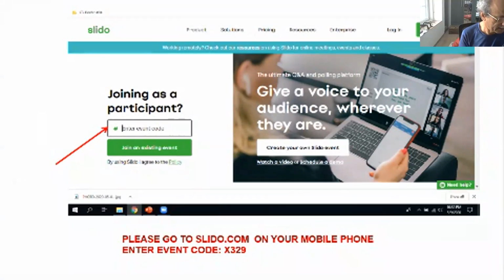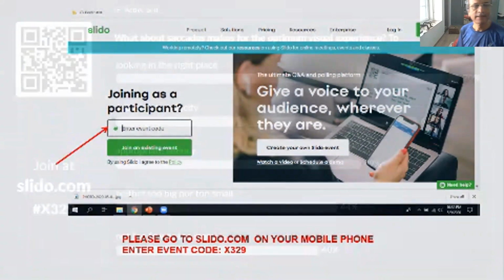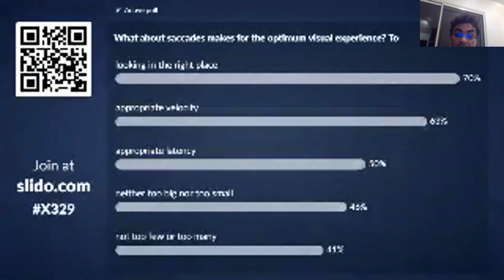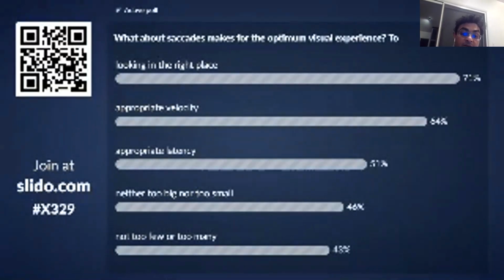Certain neurodegenerative disorders, especially certain dementias or certain forms of apraxias, or cerebellar disorders, would have increased latency. So it's also very important. Of course, the saccade cannot be too big or too small. A lot of cerebellar problems can lead to what we call dysmetria, which is hypometria or hypermetria.